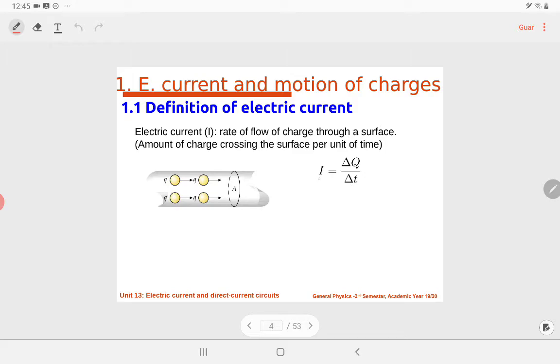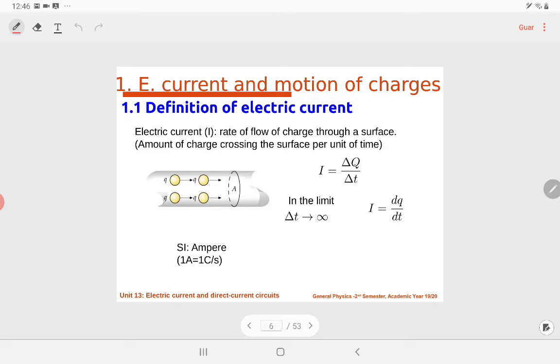So the electric current is going to be denoted by I. In the limit, when the time is very small, the electric current is the derivative of the charge that crosses a surface. Remember that we always have to cross the surface in time. In the international system, the unit is the ampere.